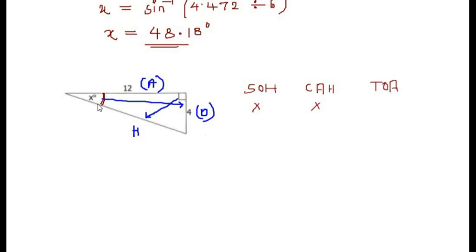Now tan of x equals opposite over adjacent. The adjacent is given in the question, as well as the opposite. So it is a good choice to make. So let us write tan of angle x is equal to opposite over adjacent. So tan of x is equal to, the opposite is given as 4 and the adjacent is given as 12.